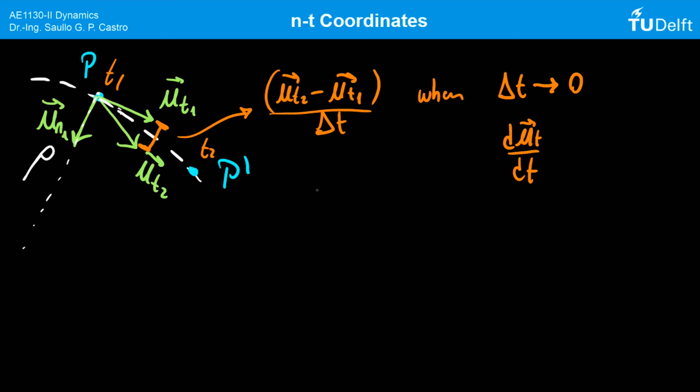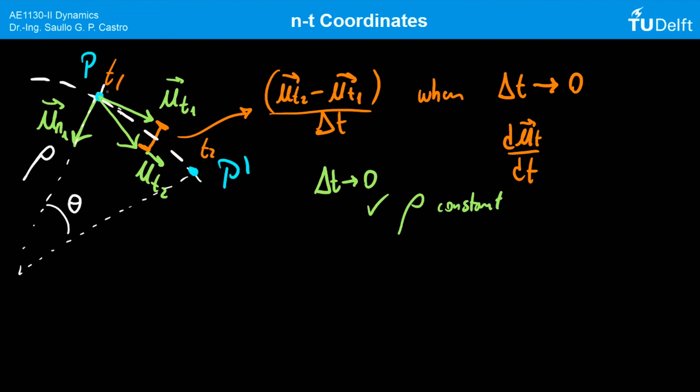Since delta t is approaching 0, we can assume that the radius will remain constant, such that the angular displacement between P and P prime can be directly related to the curvilinear displacement S by S equals ρ multiplying theta.